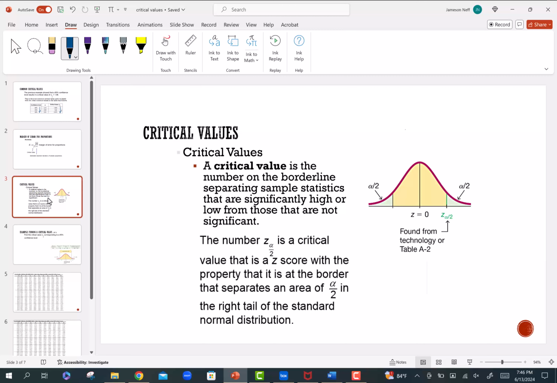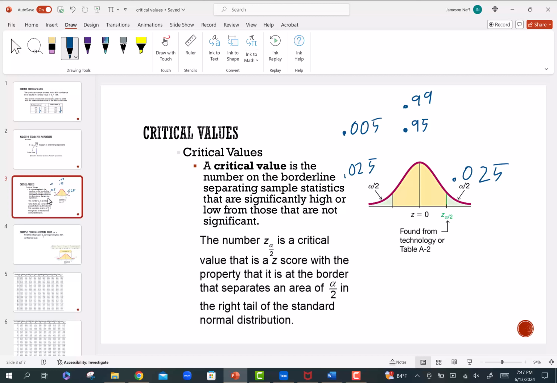So I would want 95% of my area to be in the center, and hence 0.025 on both of the wings. Or it could be that you have 99% here, and then you have 0.5% in each wing. So you need to figure out what z-score cuts that off.